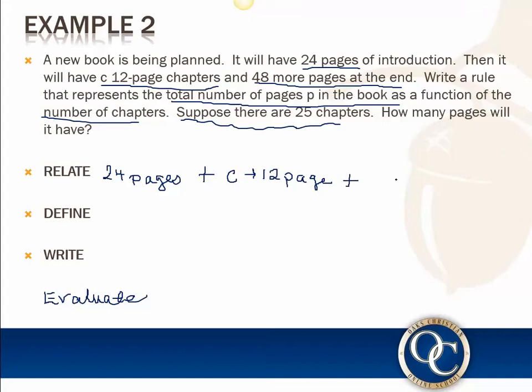And then it will have 48 pages at the end. So we've got 24 plus C 12-page chapters plus 48 pages at the end. Let's make sure we define our variables, and they helped us with that in this problem. Chapters represent C, and pages represent P.